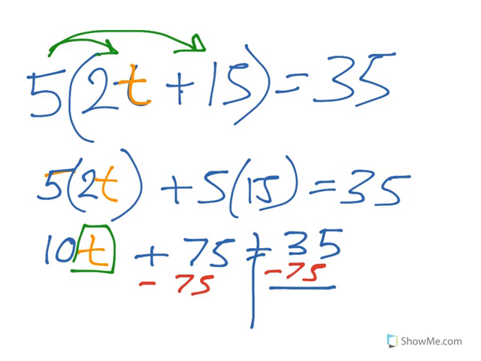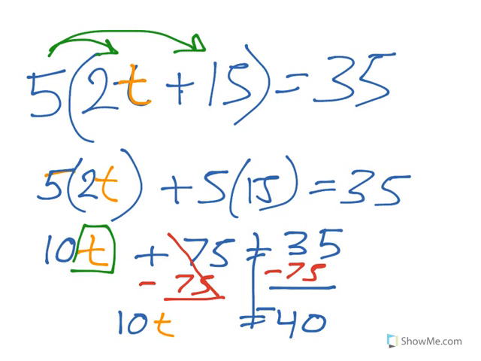Now, what's 75 minus 75? 0. That cancels this out, so that leaves us with 10t equals 35 minus 75. Now you have 10t equals 40.